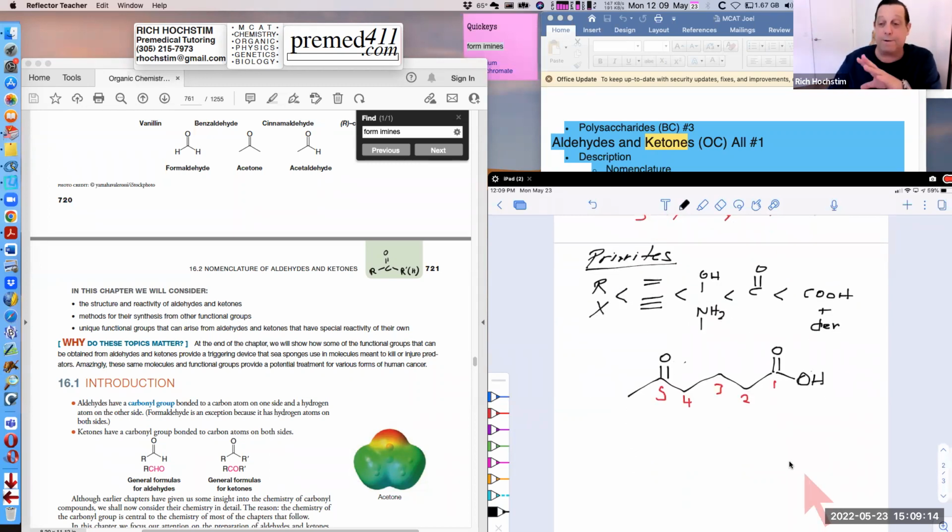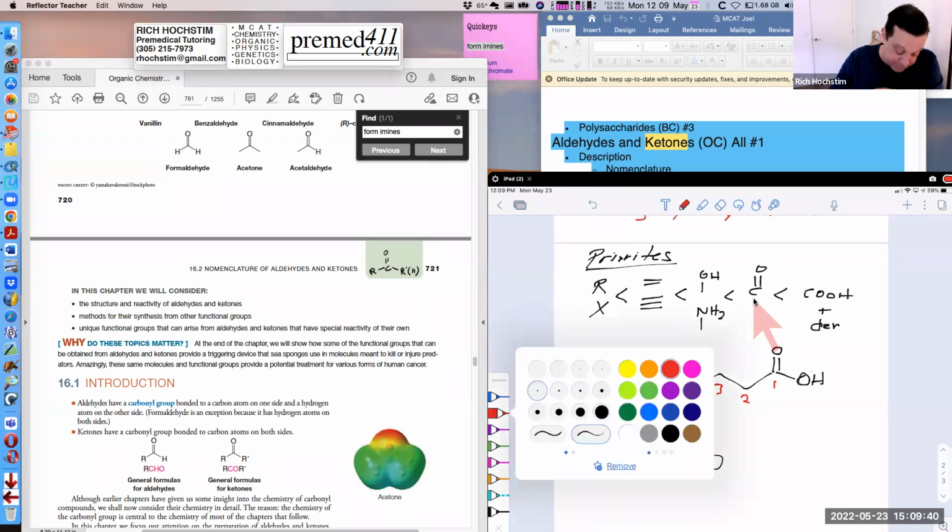Now, it doesn't matter if this is an aldehyde or if it's ketone. It doesn't matter. Because if it's carbonyl, it's going to have a lower priority. And if it has a lower priority, its name is going to be like the alcohol, something different than what we're used to. And that name is going to be oxo. So the name for this is going to be 5-oxo.